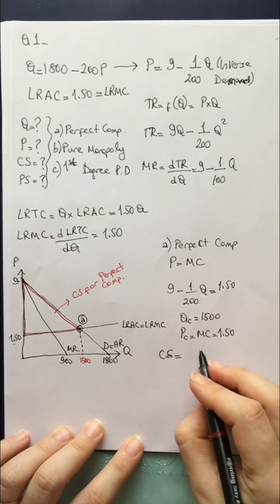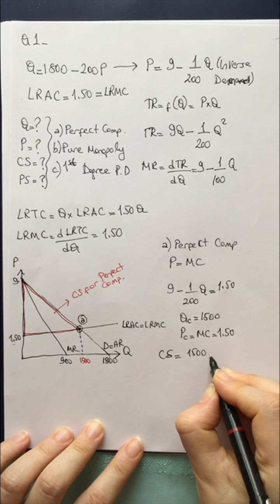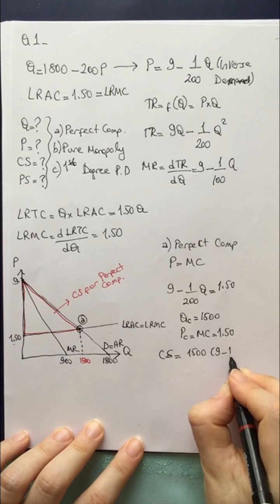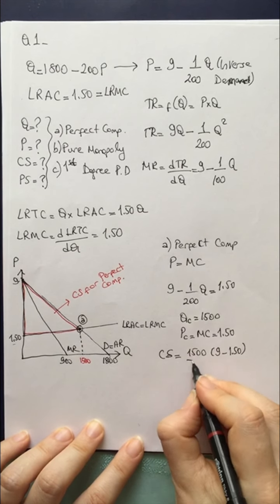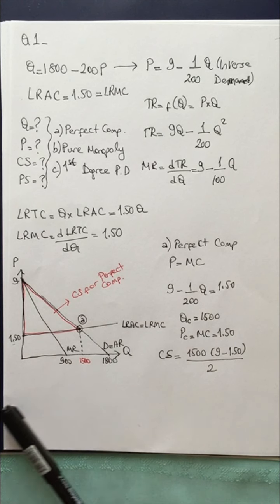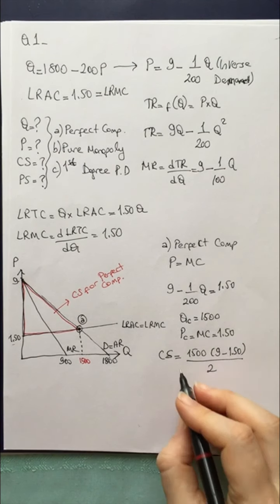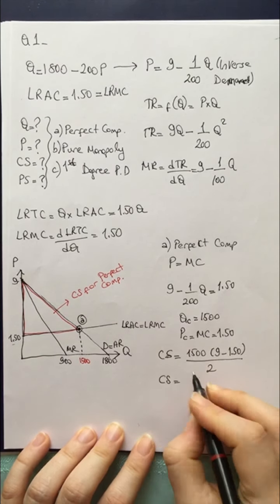It is base 1,500 times height 9 minus 1.50, over 2. Let's multiply right away: 1500 times 7.5 divided by 2, 5625.